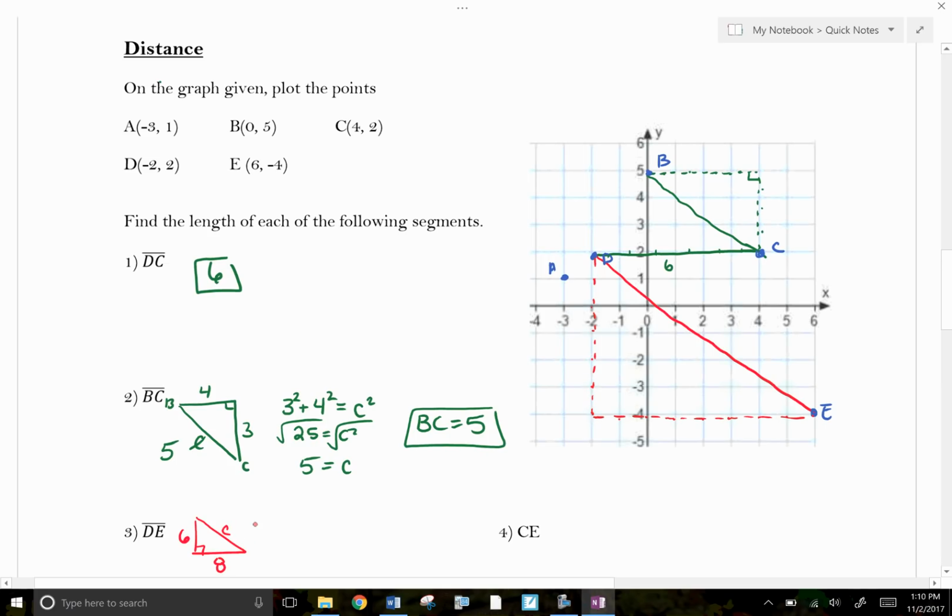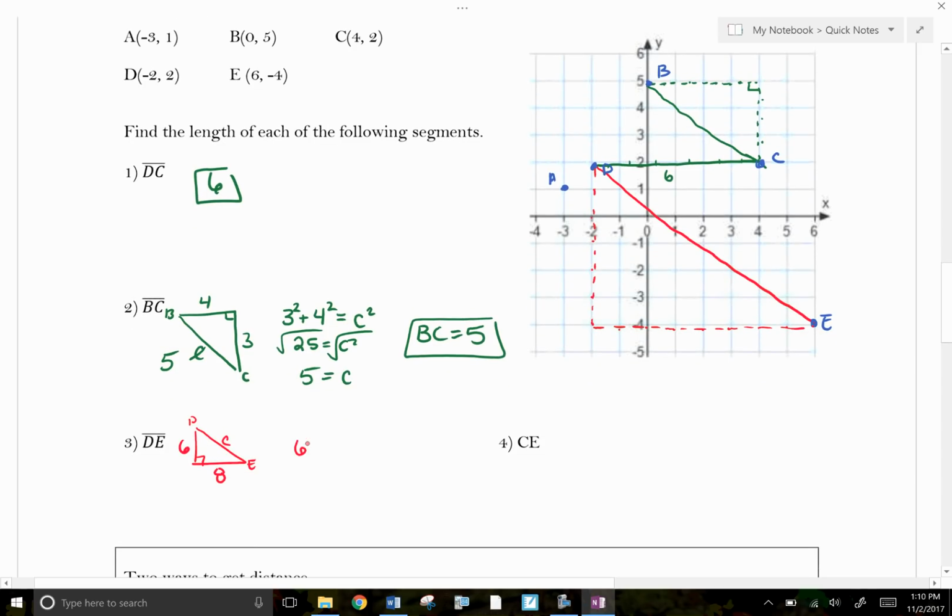And I want the hypotenuse. So I have 6 squared plus 8 squared equals c squared. And this is 36 plus 64. That's 100. And I get c equals 10. That's how long DE is.